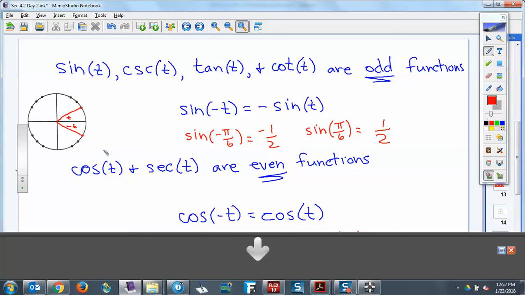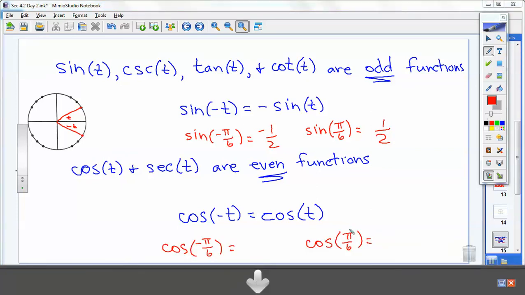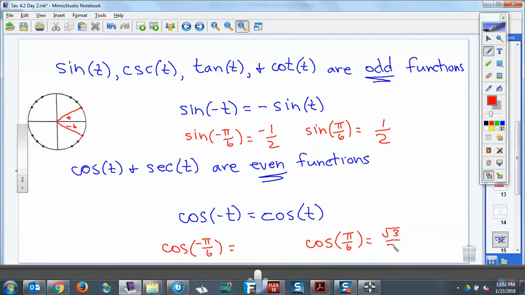So in my example here, cosine of pi 6 is root 3 over 2. Cosine of negative pi 6 is also root 3 over 2. Because they're even functions. You put in opposites, you get out the same. So if I got a cosine negative pi 6, I'm like, hey, cosine's an even function. So putting in a negative pi 6 is the same as putting in a positive pi 6. Okay? This can be useful, but at the end of the day, you don't have to do that.